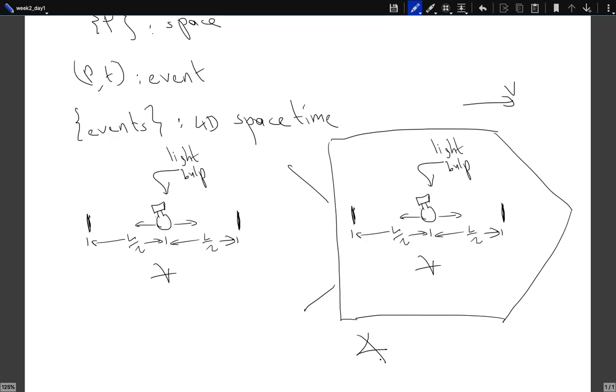So this light beam should travel a shorter distance, and this light beam should travel a longer distance to reach the respective surfaces. And keep in mind that this observer also measures the speed of light to be exactly c, just like the other observer. So according to this observer, the outside observer, the beam reaches the left surface before the right surface.